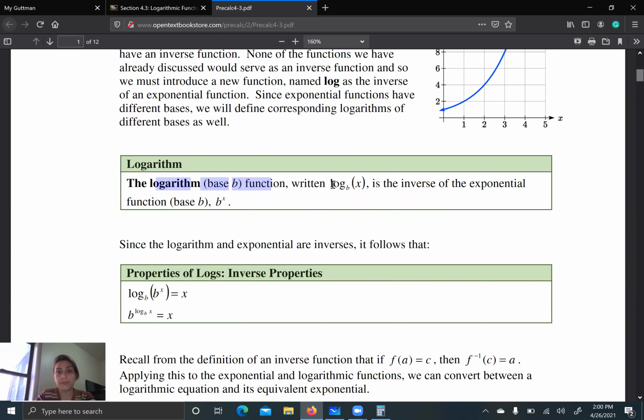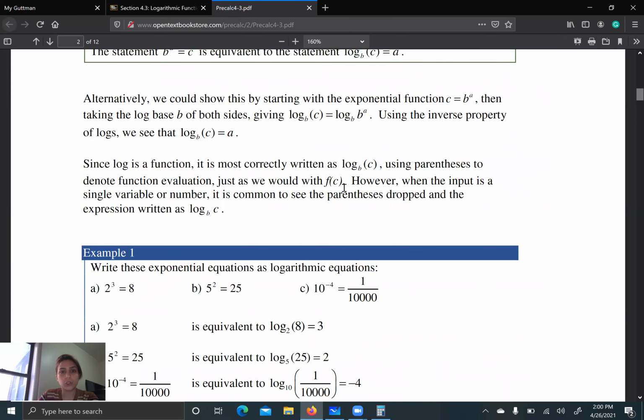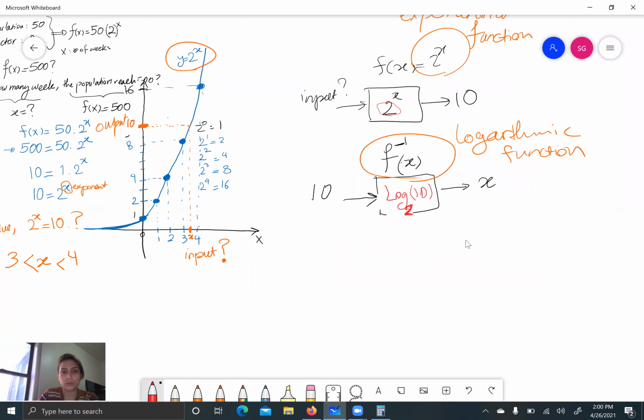We write log of x to the base of b. This index b stands for the base, which is the same as the growth factor in b to the x. So when you have the exponential function, whatever is that base, it's the same base in the logarithmic function. Let me show you a couple more examples so that you get a little familiar with this idea and also with the notation.